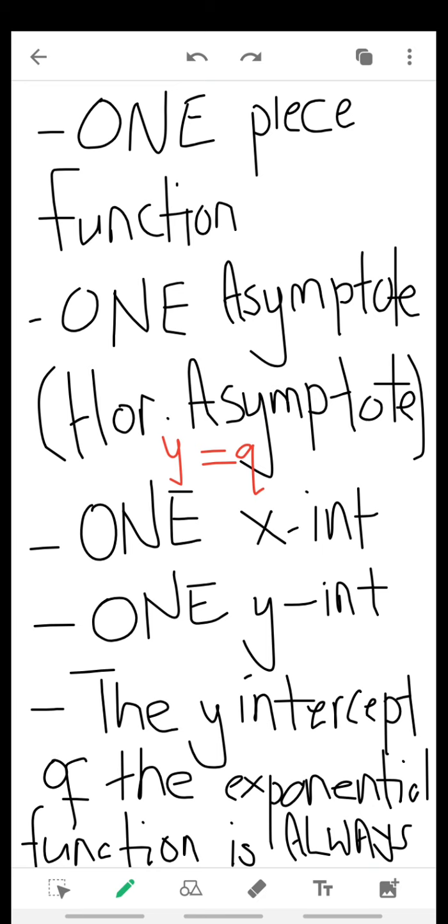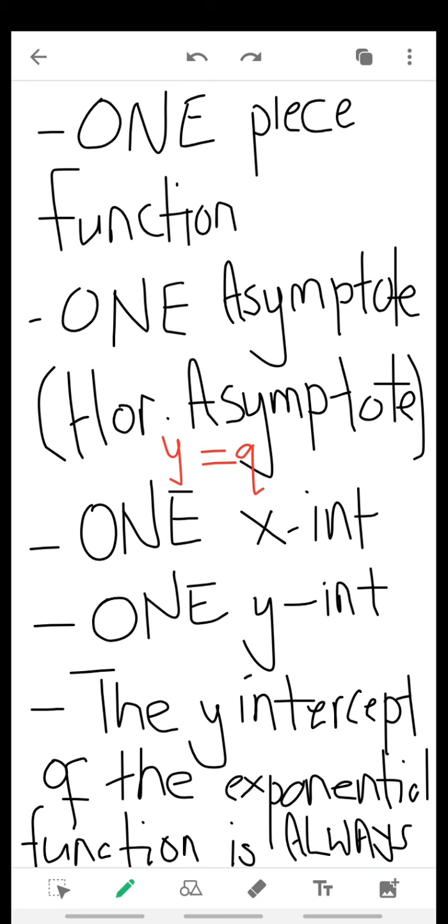So in contrast to the hyperbola, which has two asymptotes, the vertical asymptote and the horizontal asymptote, the exponential function will only have one asymptote, and that will be the horizontal asymptote. One piece, one asymptote.